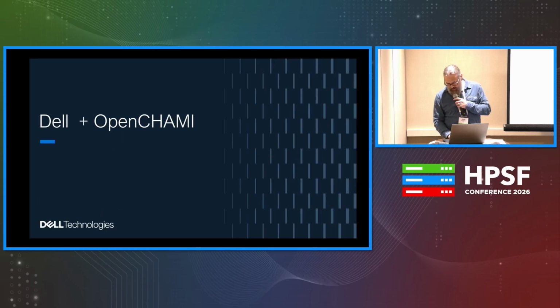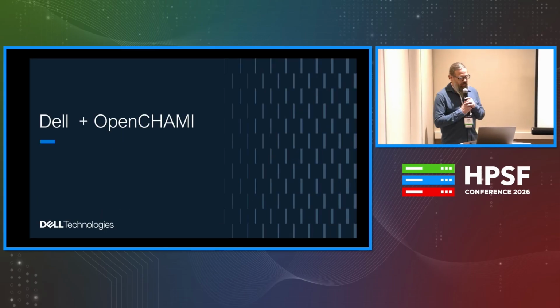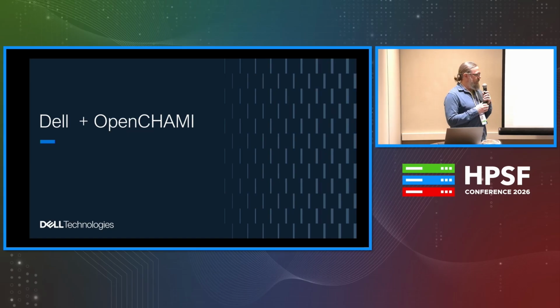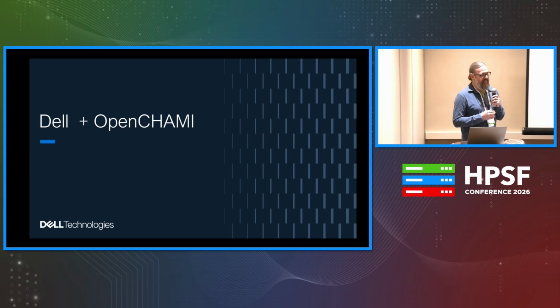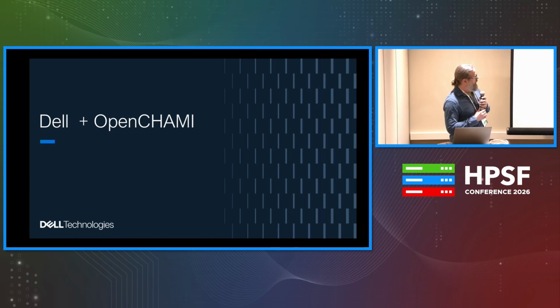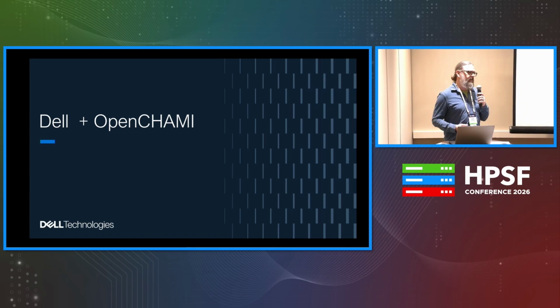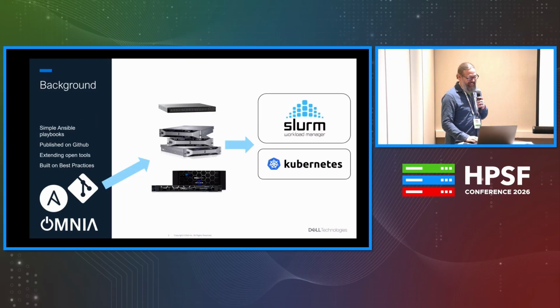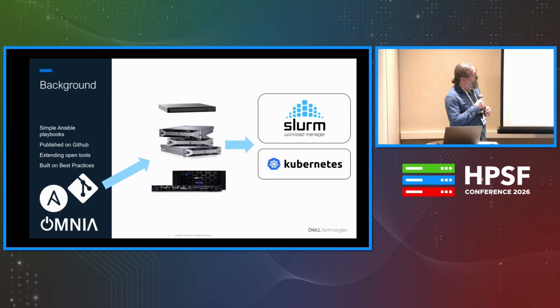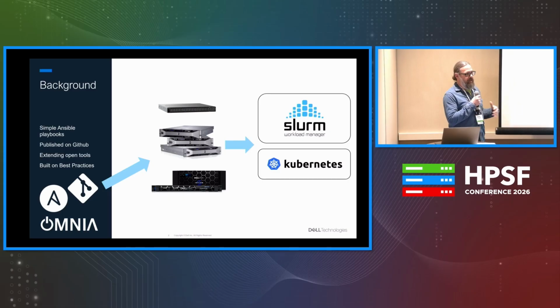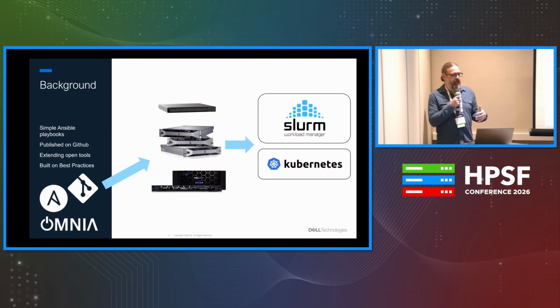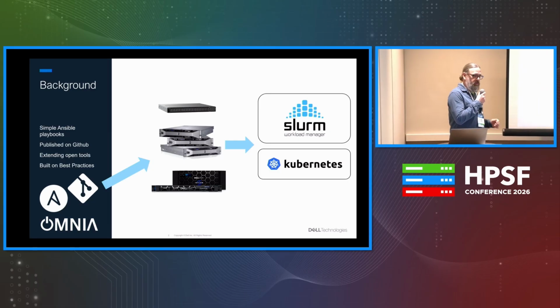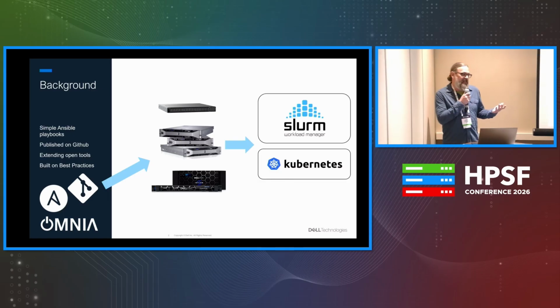Almost 6 years to the date, March 25th in 2020, my colleague Luke Wilson and I checked in the 0.1 version of Omnia to GitHub, until Dell was convinced it was a great idea to publish these things online under an open source license. Getting the corporate world to understand that we can contribute to open source and benefit from those contributions isn't the easiest thing, but it's something that we've succeeded in.